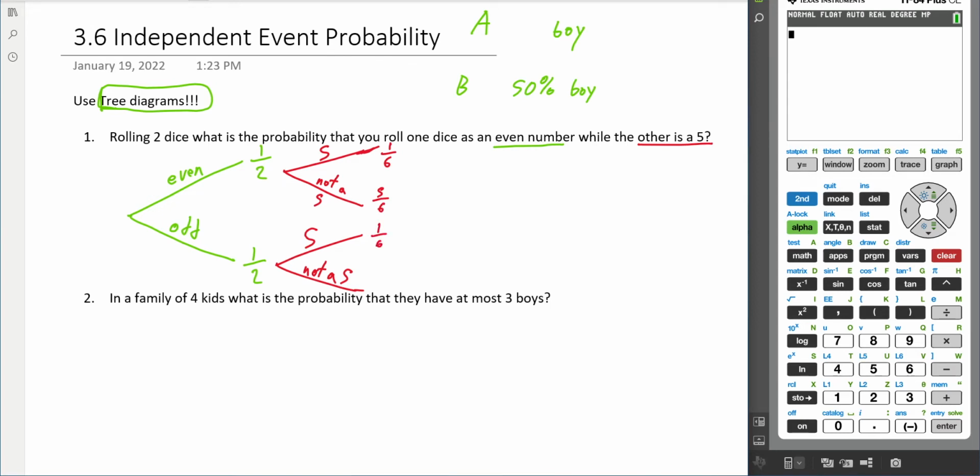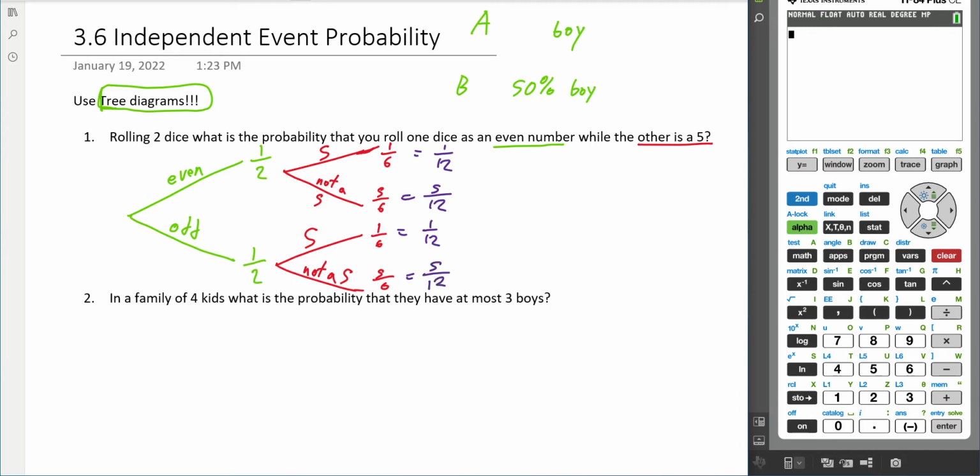Now we can multiply them. So 1/2 times 1/6 equals 1/12, and 1/2 times 5/6 is 5/12. And then the same thing down here.